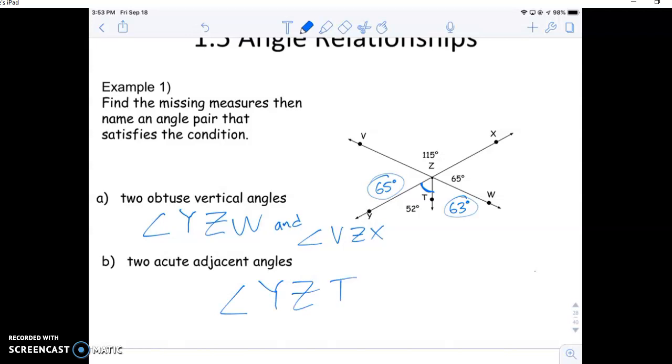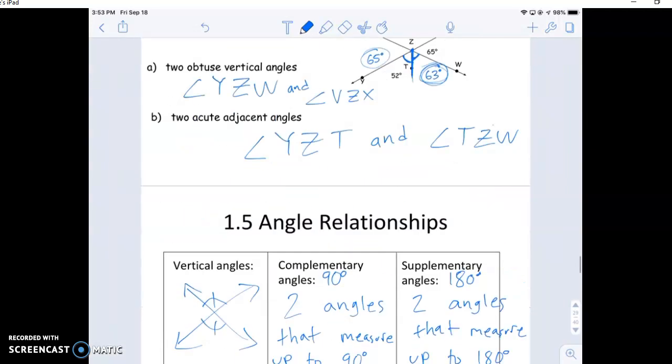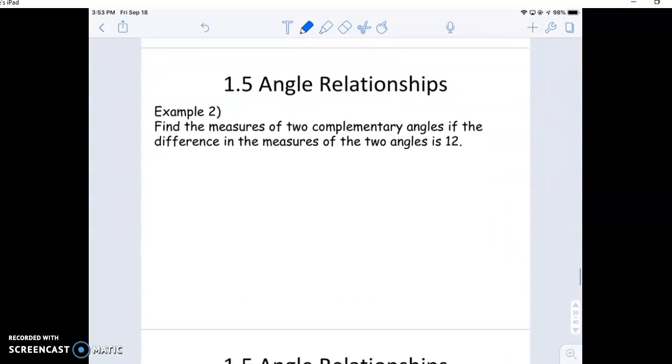And then this one is next to it, it's adjacent, shares a vertex, shares a common side, no common interior points, and that angle is also acute. So that could be the angle we're looking for. So angle YZT and angle TZW. Alright, so there's that. We will move on. We already did that page.